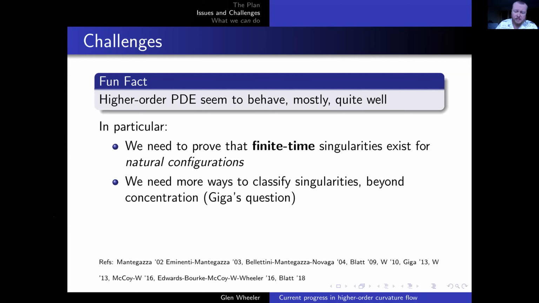I should mention down here, because I have the references, Mantegazza in 02 and Emmenegger, Mantegazza in 03 and Bellettini, Mantegazza, Novaga in 04. This is a series of beautiful papers where they study a conjecture by De Giorgi. This is on the distance function, and what they're trying to do is approximate the mean curvature flow by a singular perturbation that involves adding on higher order terms.